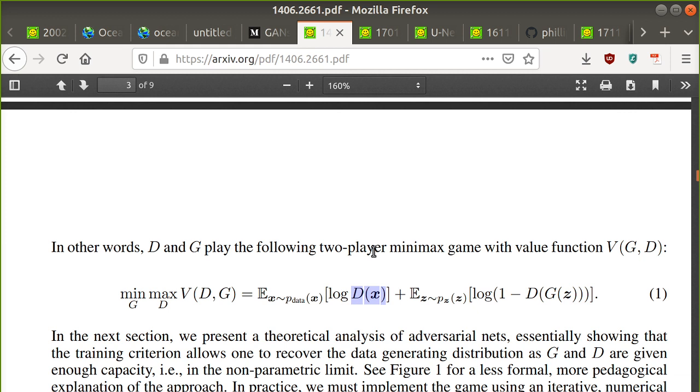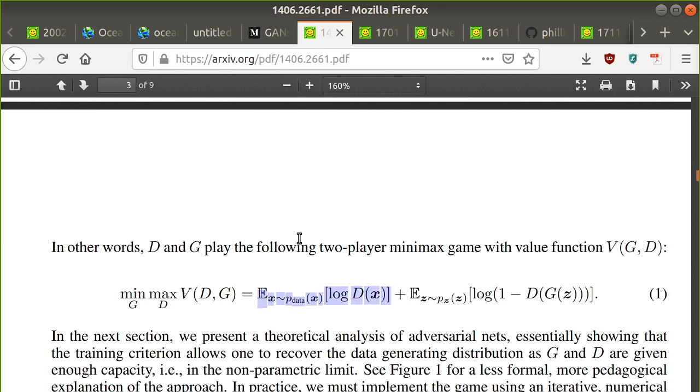So the discriminator network sees an image of clouds. It knows either it's a real image taken by a satellite or a fake image created by the generator. And we're trying to choose the discriminator to maximize the probability of assigning the real label to real data. Okay, that's the first term.